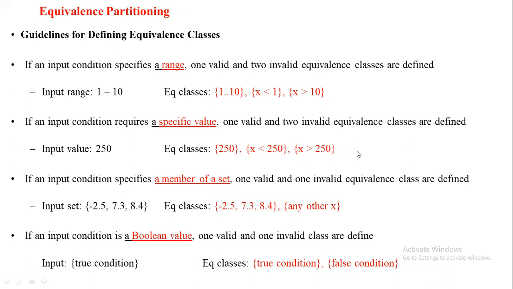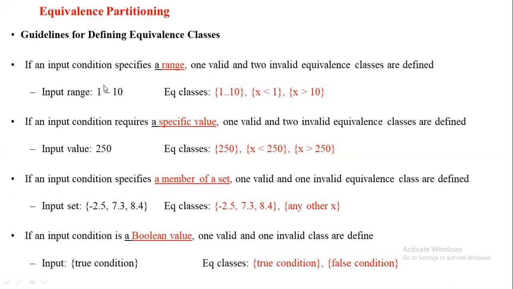Say, for example, I want to test a system which is going to accept an input in the range 1 to 10. Let me explain. My program is going to accept an input from 1 to 10. To check whether my program is working fine, I have to give an input within the range 1 to 10, an input less than 1, and an input greater than 10, to check whether my program is correct or wrong.